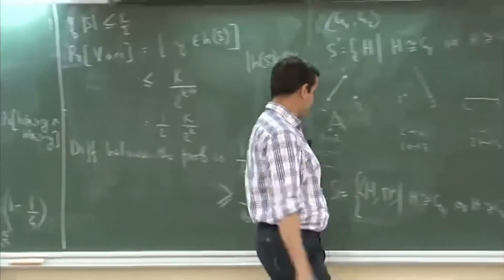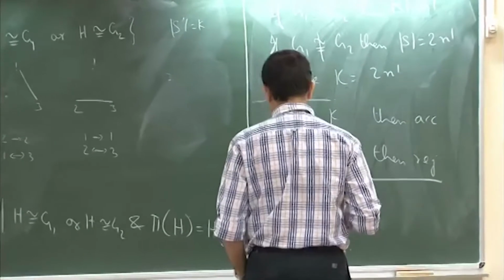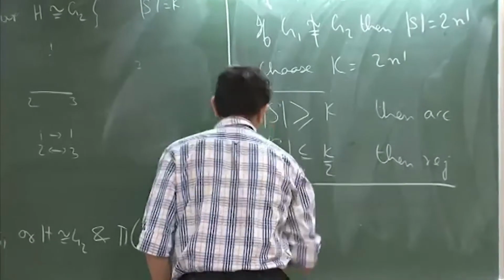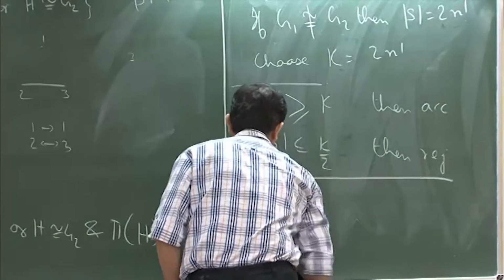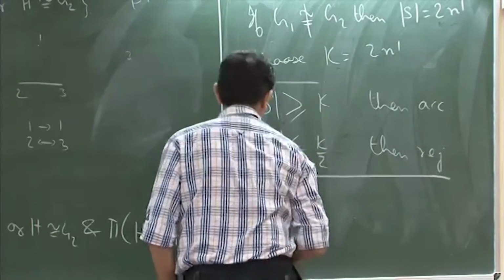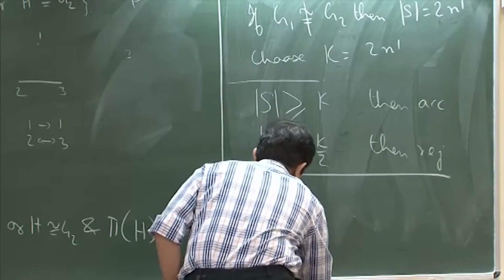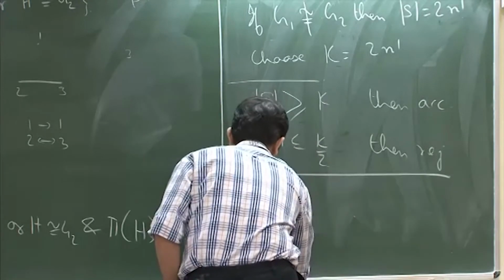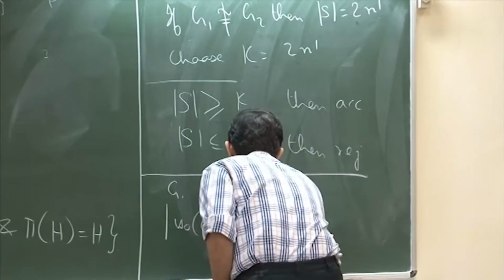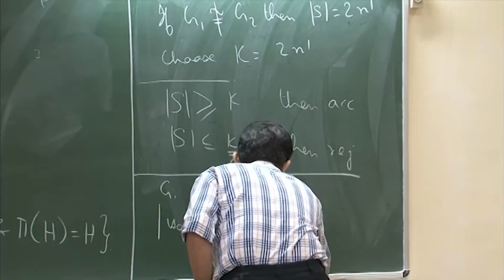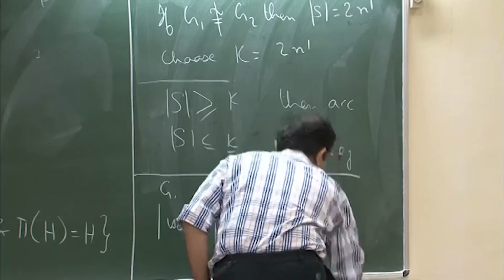You can prove it, and the proof is not difficult. What you can prove is the following: if you look at any graph G, and let iso of G be the set of all graphs that are isomorphic to G, then the size of this set times the number of automorphisms of G is exactly equal to n factorial.